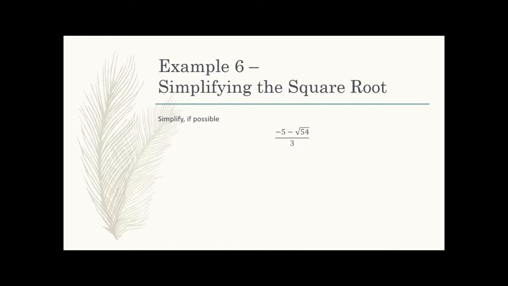Example 6, yes. The 7, that's from the square root of 49. So square root of 49, when you put that into your calculator, that is equal to 7. So we're just basically taking whatever that came out to be on our calculator and replacing that square root with its calculator value right there.